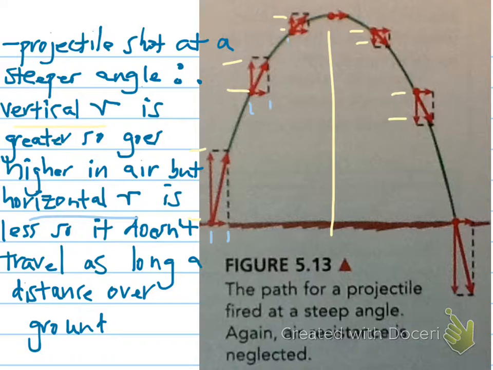Remember, horizontal stays the same every time. And so it doesn't cover as great a distance over the ground. So this leads us into talking about horizontal range.